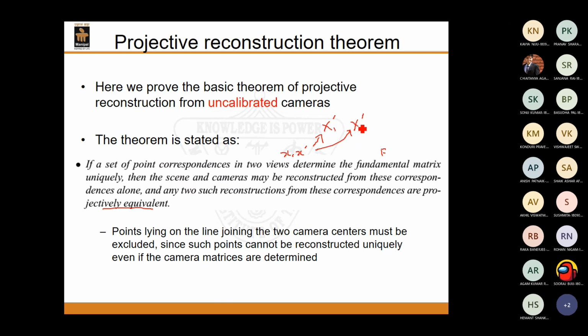It's basically the same scene, but obtained using two types of reconstruction. In that case, these two reconstructed scenes would be related by a projective transformation. That is what the projective reconstruction theorem states.